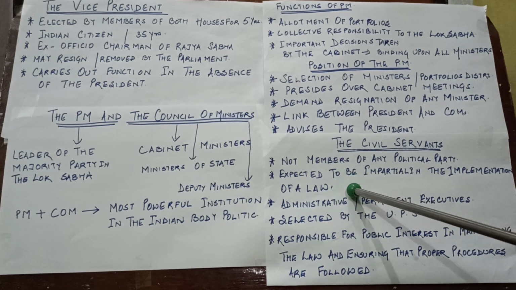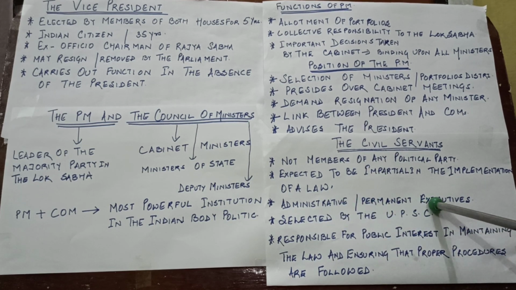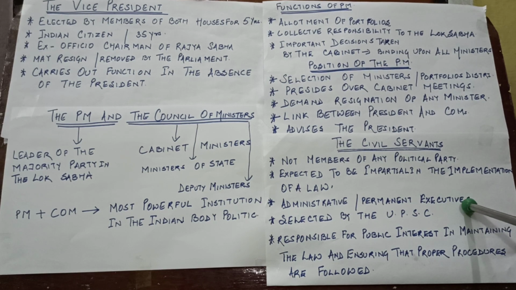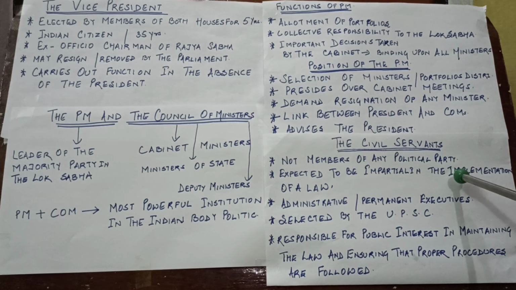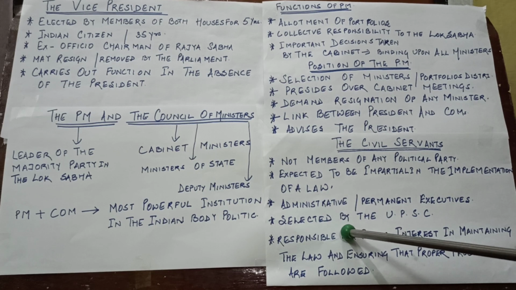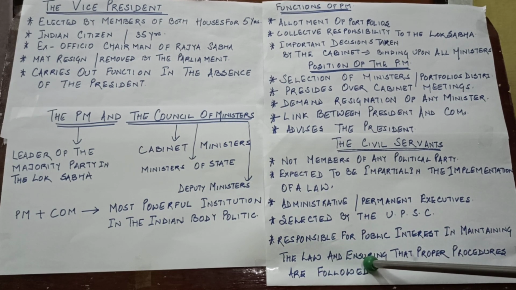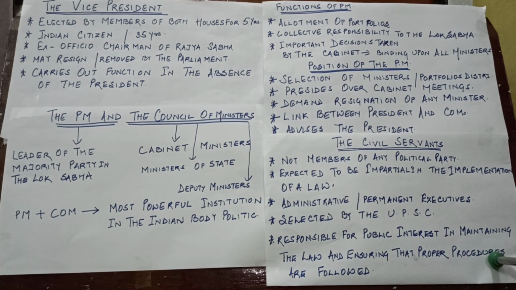This is the reason why they are called the administrative or permanent executive, because they are the ones who are responsible for the implementation of a law. They are responsible for public interest in maintaining the law and ensuring that proper procedures are followed.